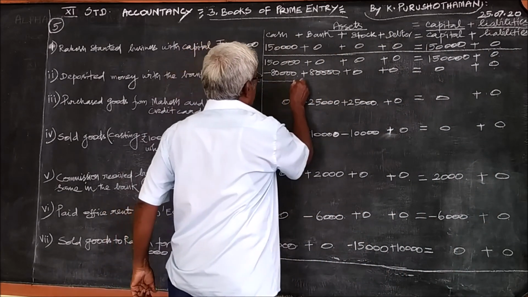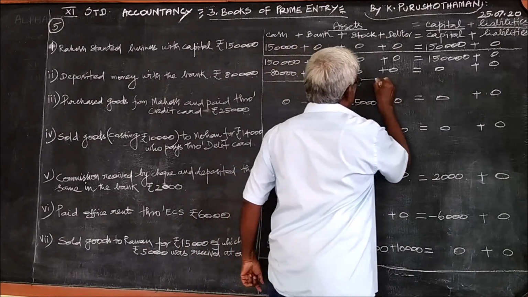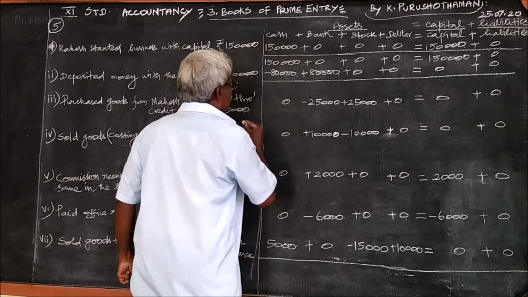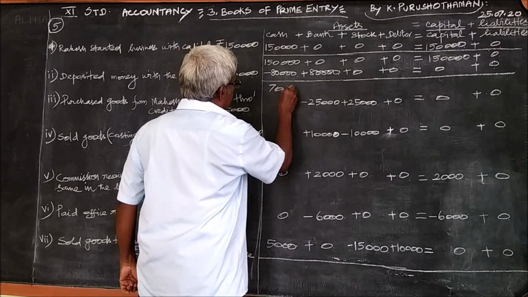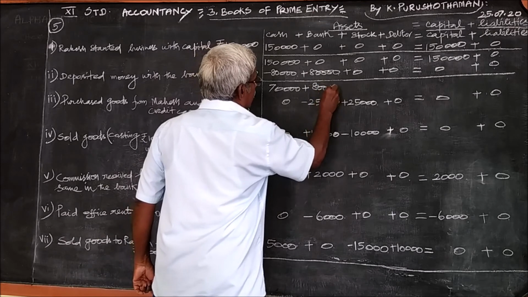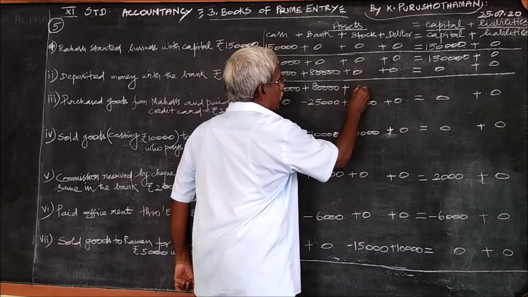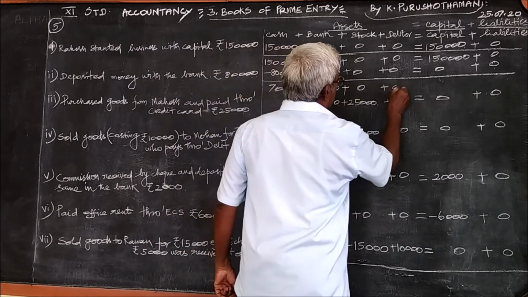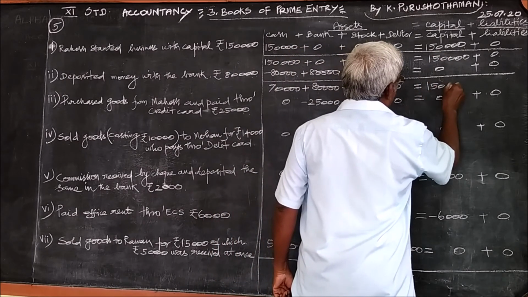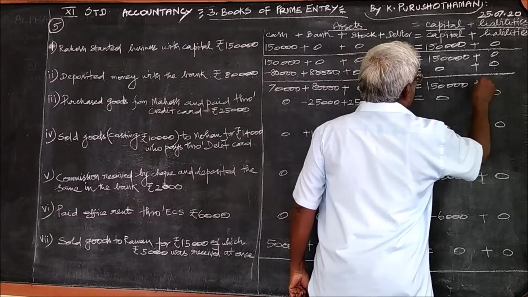Now we have two numbers. 1,50,000 minus 80,000, 70,000. 0 plus 80,000, 80,000. 0 plus 0, 0. 0 plus 0, 0. 1,50,000 plus 0, 1,50,000 plus 0.